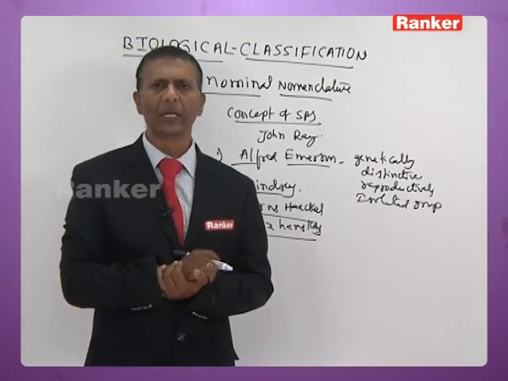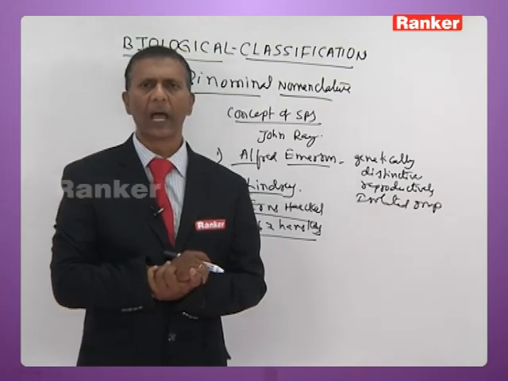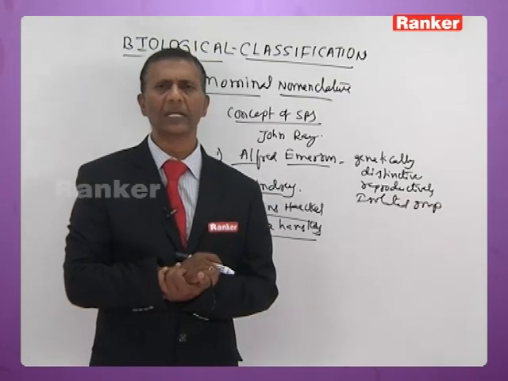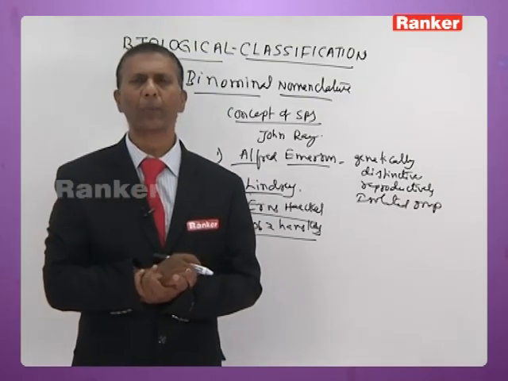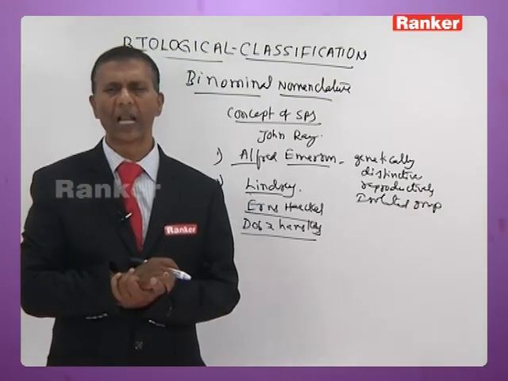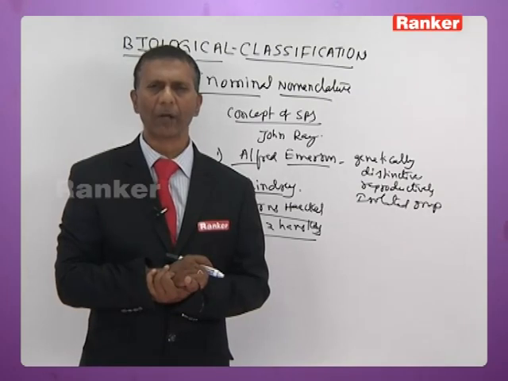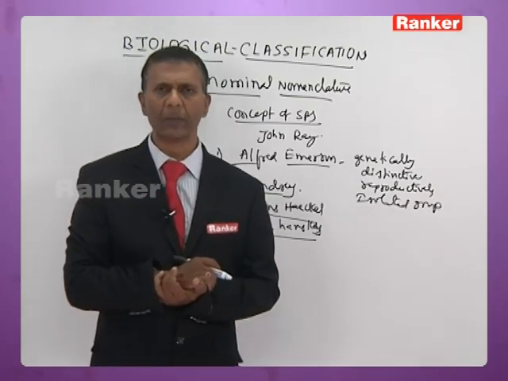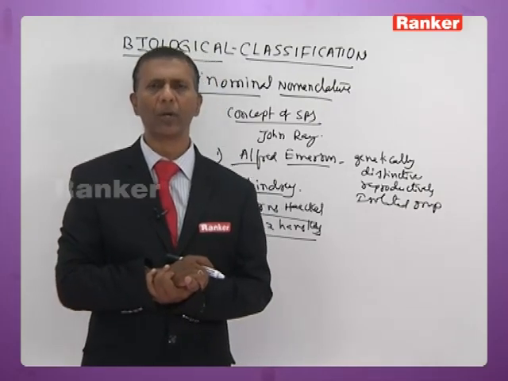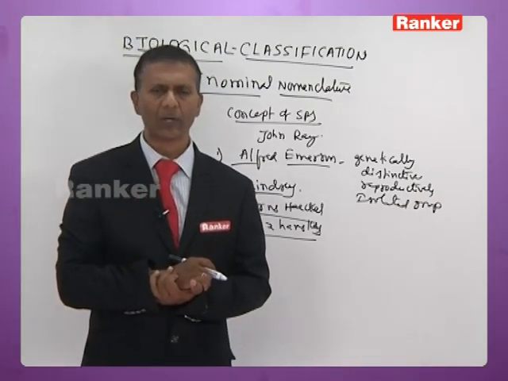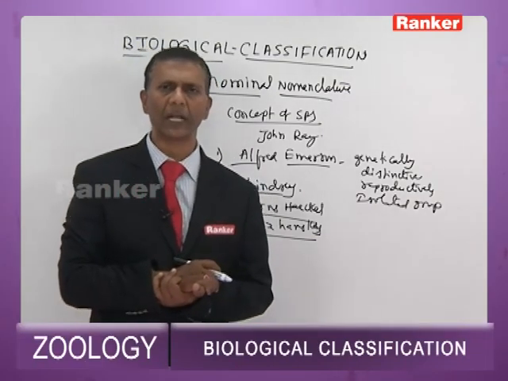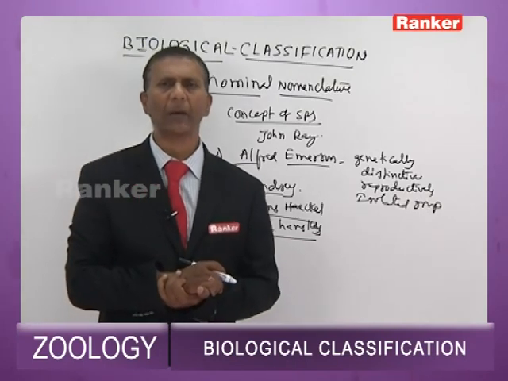All the organisms that belong to a particular species have a common ancestry and exhibit more or less similar morphological characteristics. They share a common gene pool and thereby reproduce easily to produce fertile offspring. Such organisms can be considered a Mendelian group. So according to Dobzhansky, species is a Mendelian population.